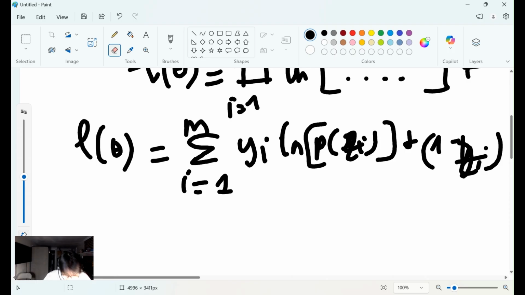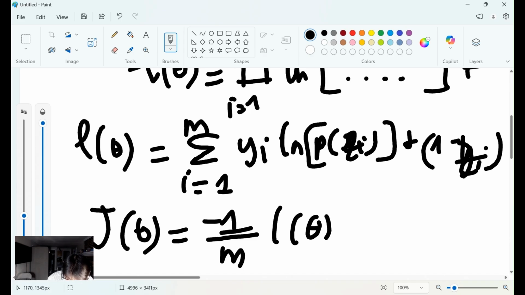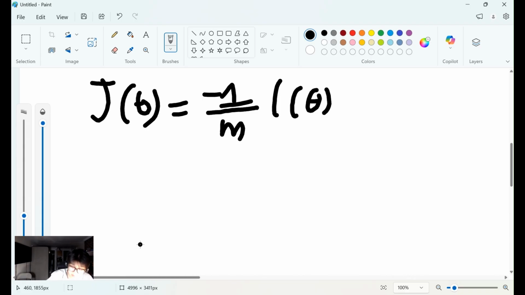So the loss function will look something like, I'll just call it j of theta. So it's 1 over m of the likelihood function right here. And now we just have to take the partial derivative of the loss function over theta at any i value to find the optimal theta for that i value, which is fairly simple.